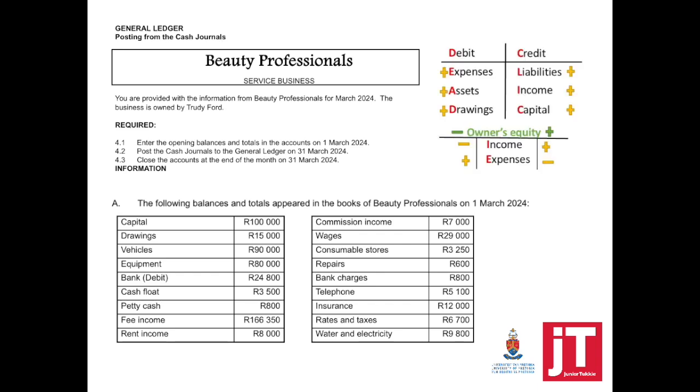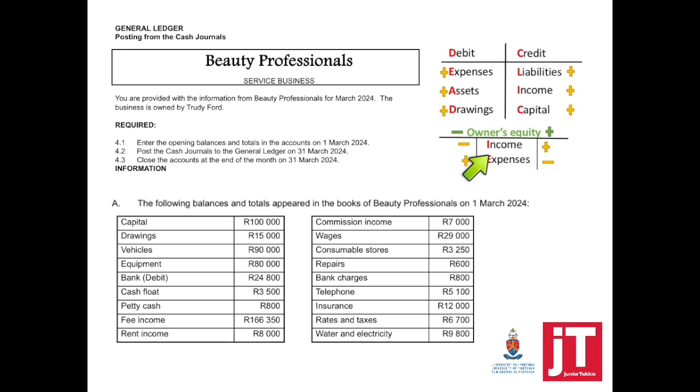When we did chapter 1, accounting theory, we said to you, DEAD CLIC. D for debit, E for expenses, A for assets, D for drawings, C for credit, L for liabilities, I for income, C for capital. These accounts will always increase on the debit side and those accounts will always increase on the credit side.